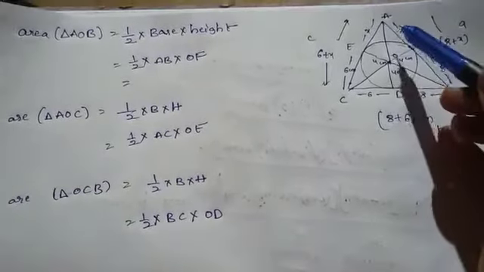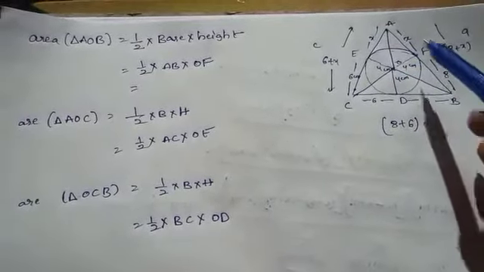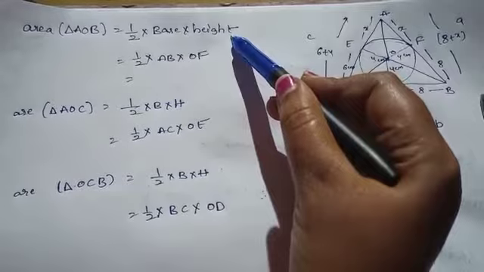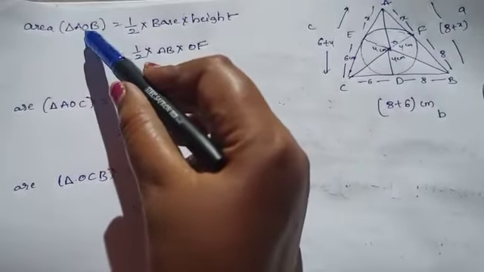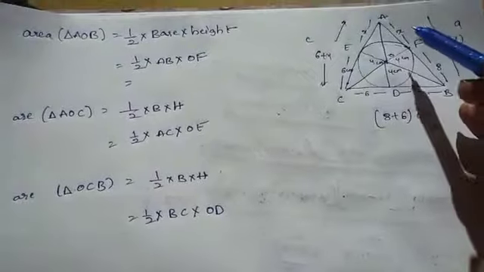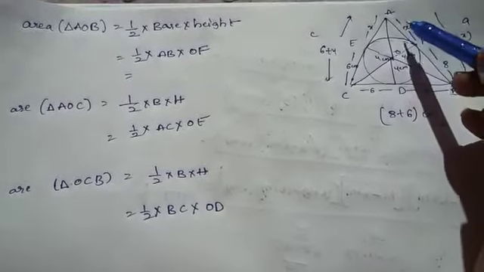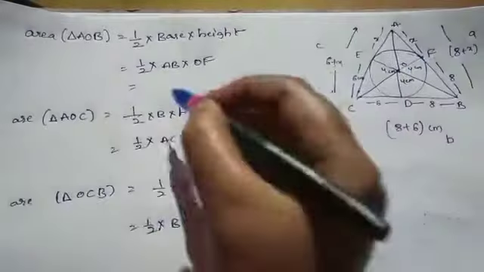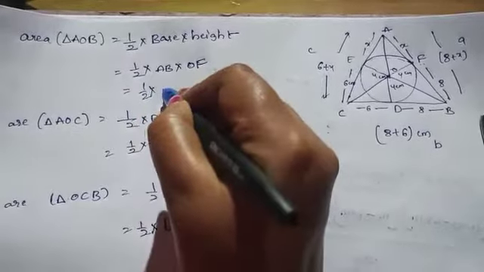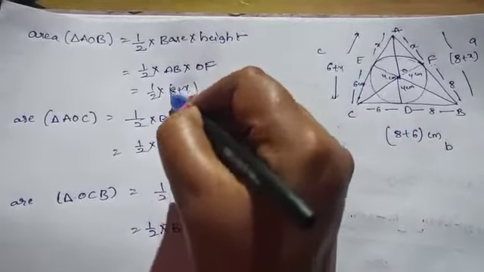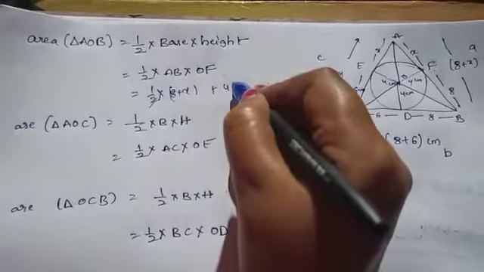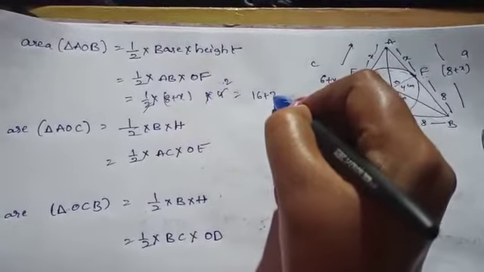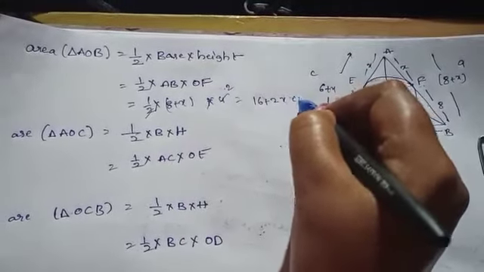What is the area of triangle AOB? We know area of triangle is half into base into height. Triangle AOB area equal to half into base AB, height OF. AB equal to 8 plus x centimeters, OF equal to 4 centimeters. Half times 4 is 2 times, so 16 plus 2x centimeters.